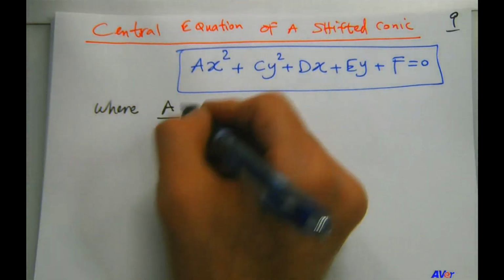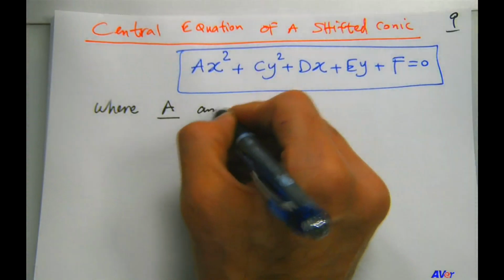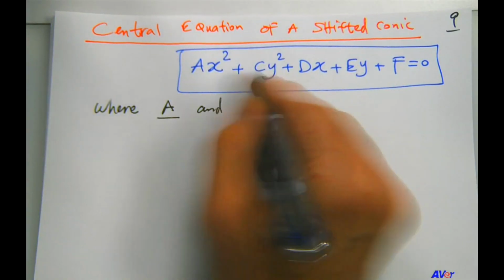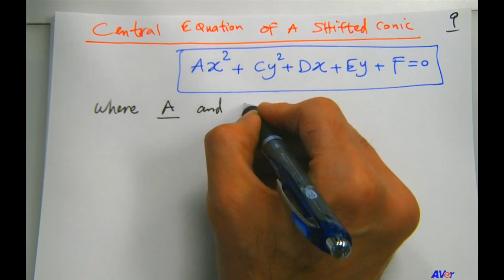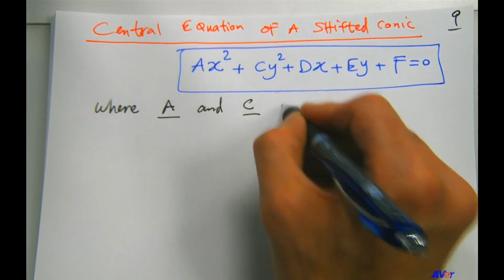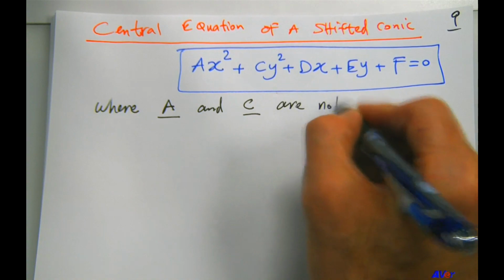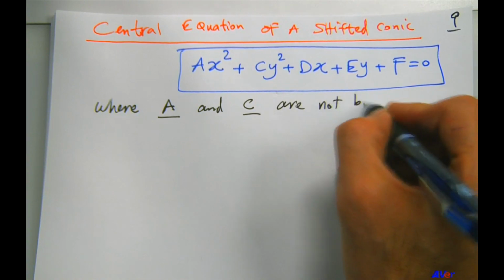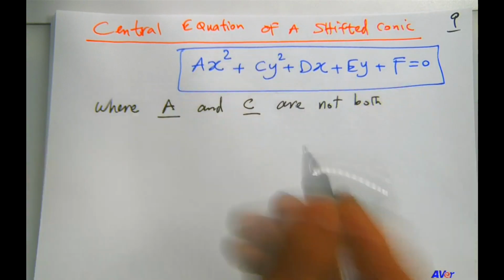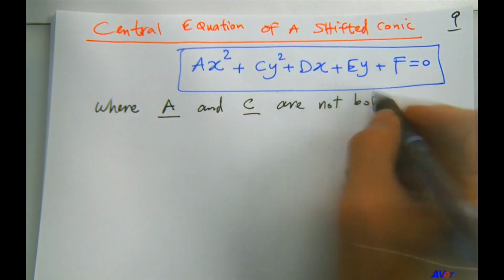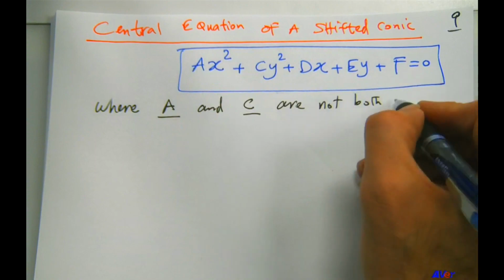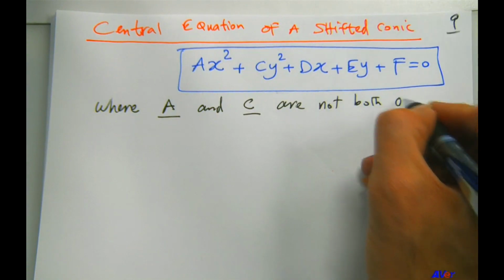Where a and c, these are the coefficients of the squared terms, right? A and c are not both 0. So one can be 0, the other one not. There has to be something other than 0.